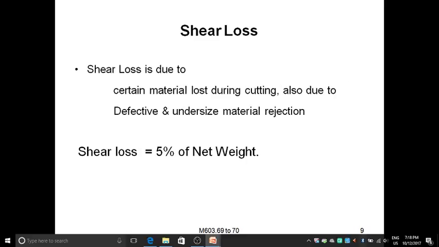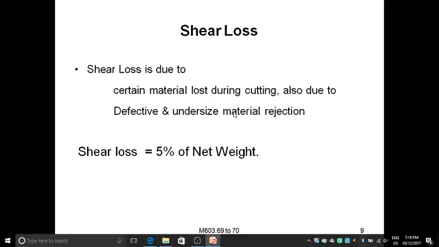In some cases shear loss will be considered as 2 centimeter thickness of the same diameter as the object that you are producing. But on this slide you are observing that it is 5% of the net weight. If it is given as 2 centimeters, then it is okay.